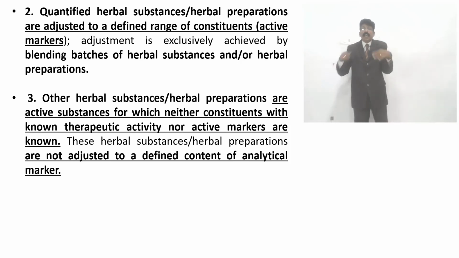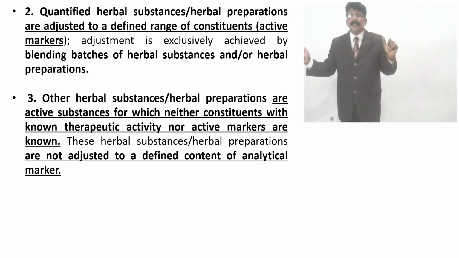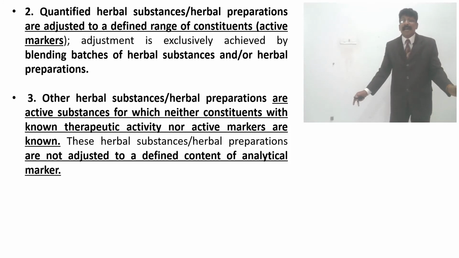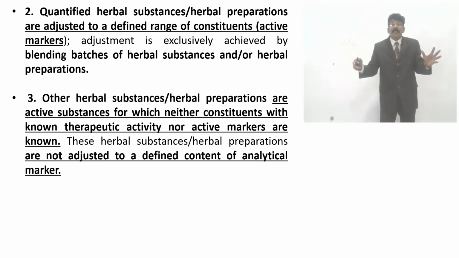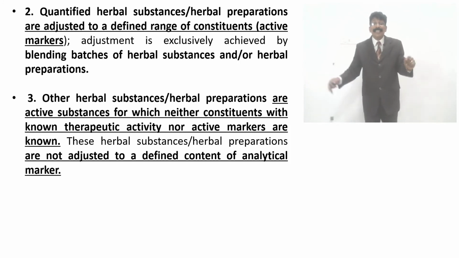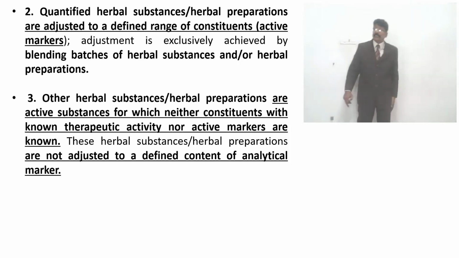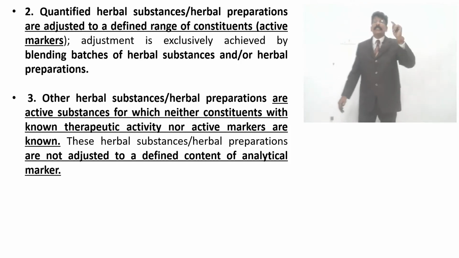Simply, they mention on the label of the product the crude material without knowing the therapeutic activity exactly. There is no quantification or standardization, nor any active markers; the constituents are not known. These herbal substances or herbal preparations are not adjusted to a defined content of analytical markers.